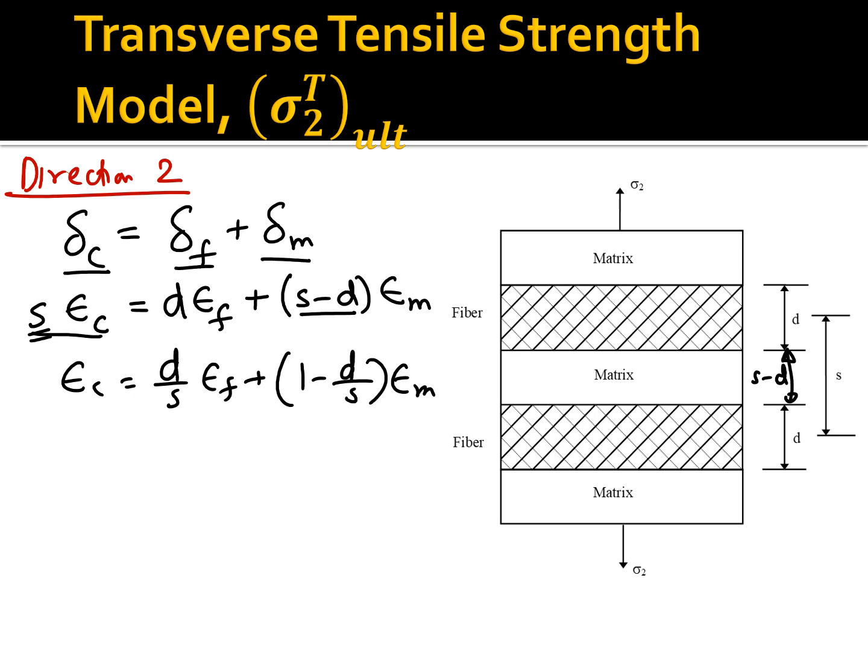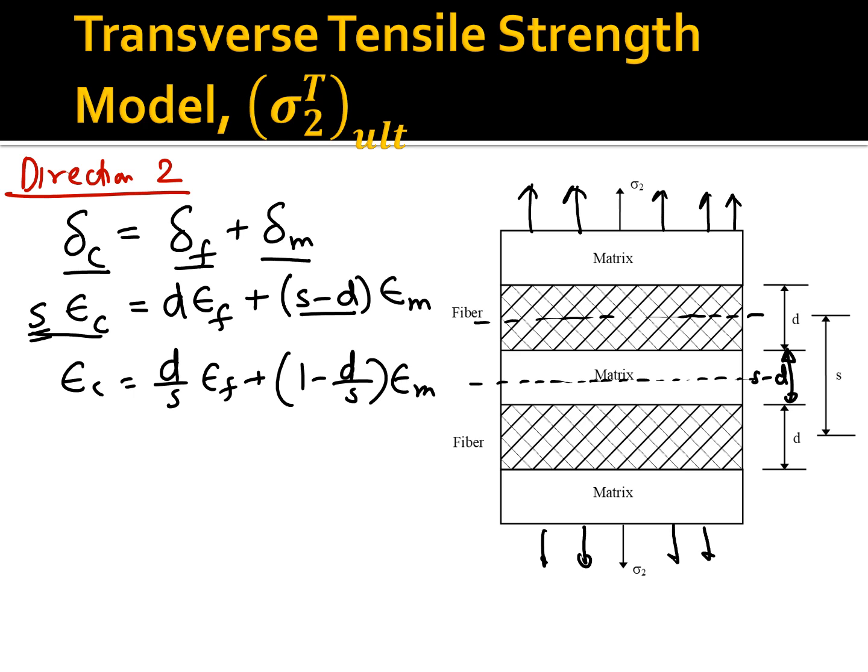Now, if you draw a cross section here, and a cross section here in the fiber itself, you'll find that the normal force in direction 2 which the matrix experiences will be the same as the normal force experienced by the fiber.